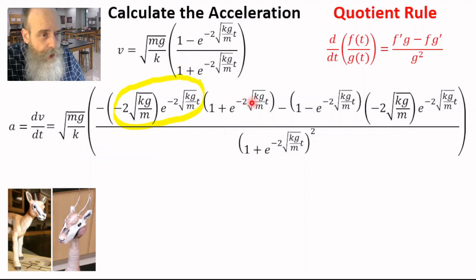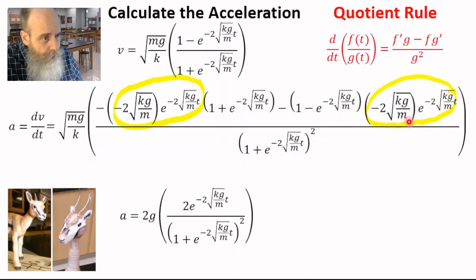They're the same. Then minus f, so this f is over here. Then we got here, this is g prime. The derivative of 1 is 0. The derivative of the exponential is this. We get the factor negative 2 square root kg over m coming in front. So that is what we get by applying the quotient rule.